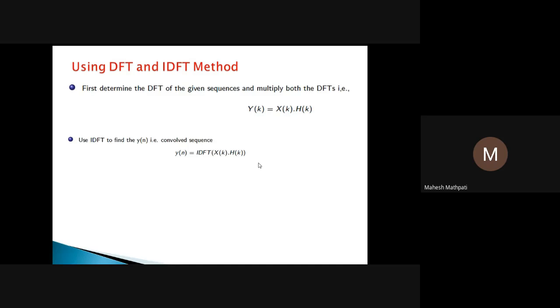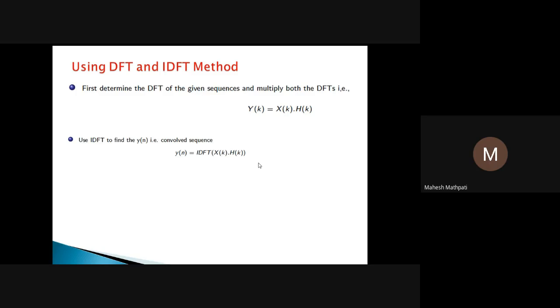Okay. So in the solution, the first point is to find the DFT of x1 of n. Can you calculate the DFT of the first sequence? We can write X1 of k equals, what is the formula?